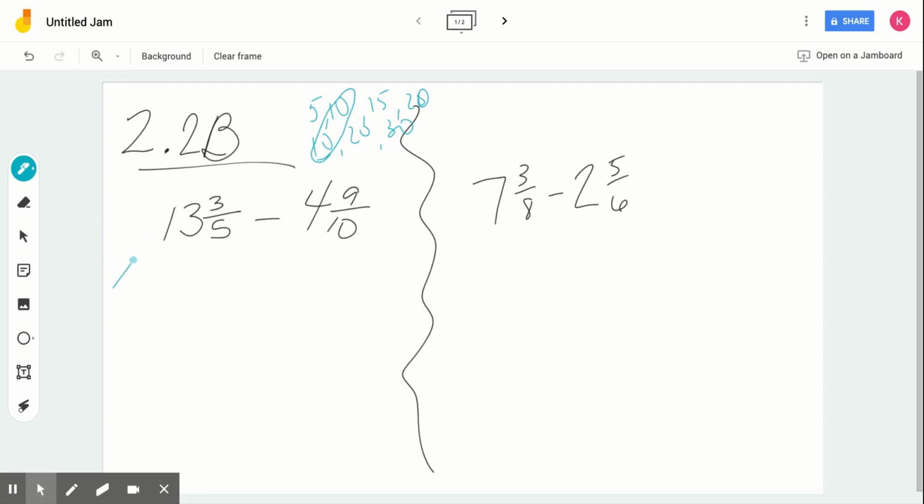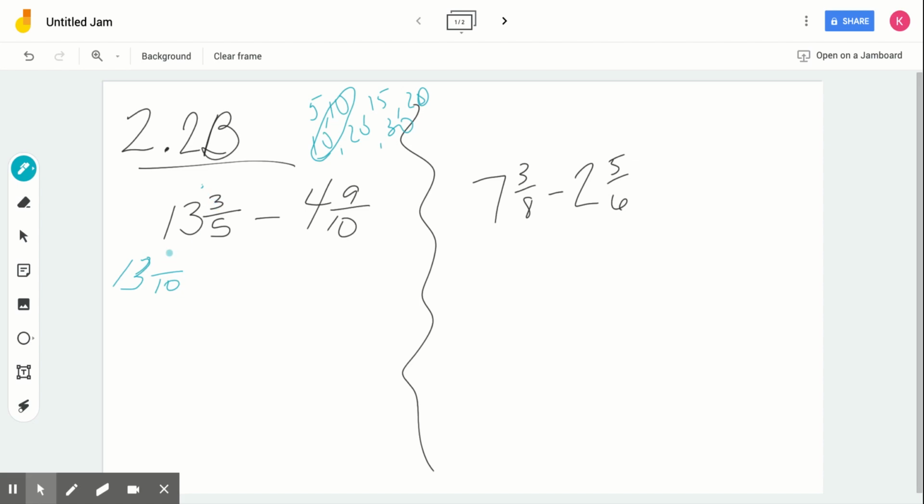So we need to change both of these to be tenths. So 3/5, 5 times 2 is 10, so 3 times 2 is 6, minus 4 and 9/10.